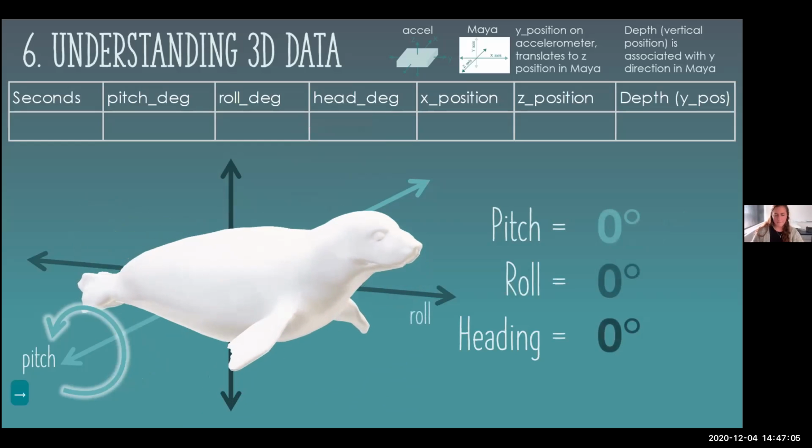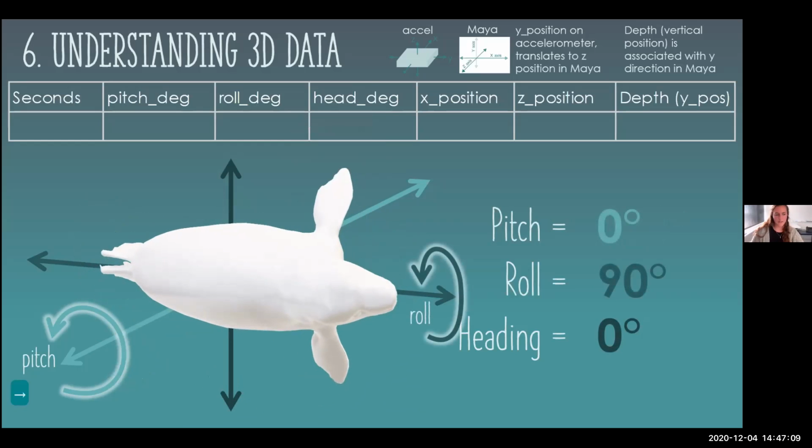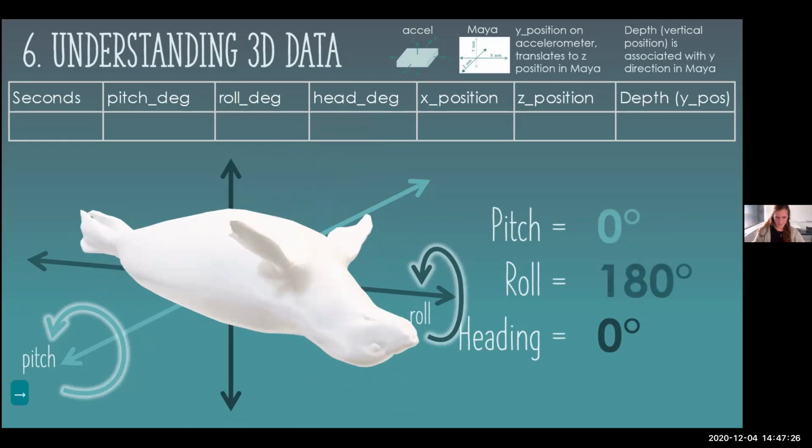And then when we talk about roll, we're talking about rotation around this other axis. Again, Y or Z, depending on what software you're in, but rolling is pretty self-explanatory. It's basically changing from being prone to supine. And then this is 180 degrees rolled. My elephant seals often spend a lot of time in this position when they're asleep.